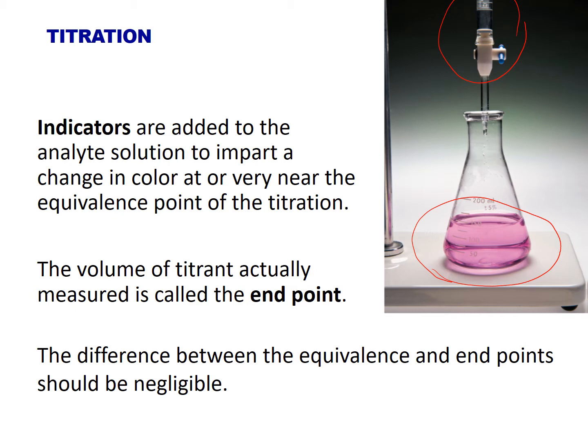Phenolphthalein specifically changes its color at about a pH of 8. So it's going to be slightly basic, which means there is a little bit more base here than is necessary to consume all the acid that was originally added in the Erlenmeyer flask.